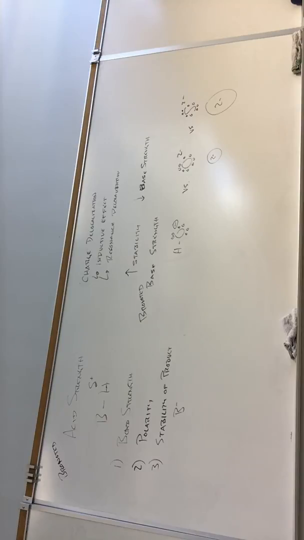Now, if you keep the bond strength essentially the same, then the only thing that we would consider is polarity. If the bond strength were the same here, and polarity was the only difference, then it would be like this, where HF was the strongest, and then HCl, HBr, HI, like that. Right.